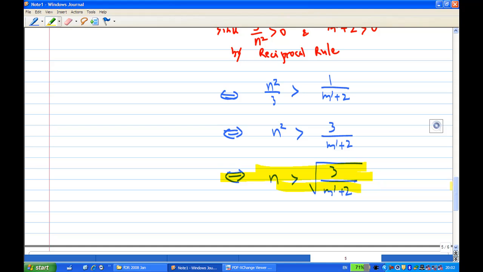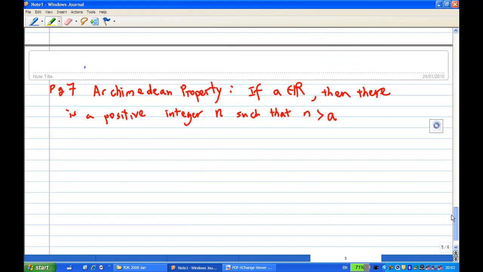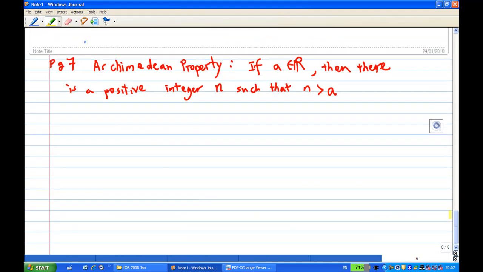Is it possible to find such an n? Yes. According to the Archimedean property of real numbers, which is on page 7, if a is any real number, then I can always find a positive integer n such that n is greater than a.